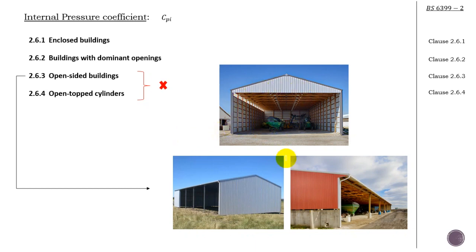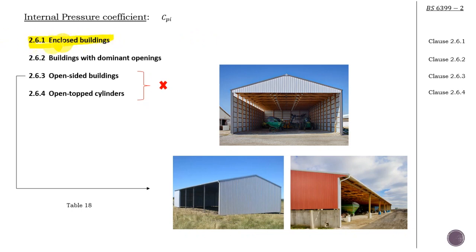Though you might argue that open-sided buildings, such as the ones you see here, might be used for industrial purposes, but for our case, I'm not considering this. If your building is permanently open on one side, then you have to refer to table 18 to get the internal pressure coefficient. My case is going to be within the enclosed buildings category.